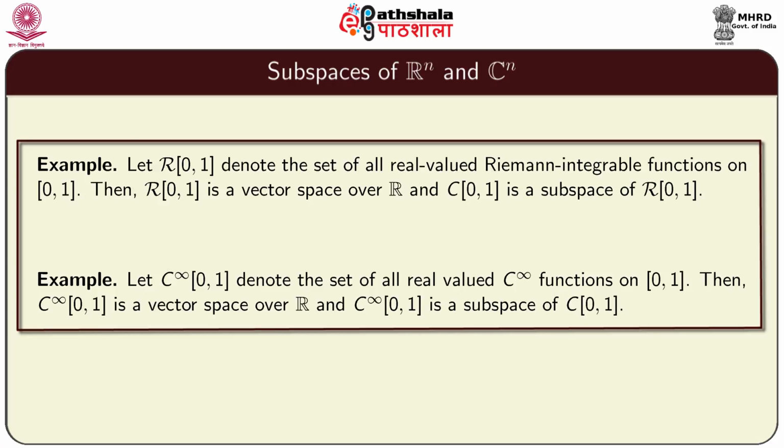Therefore, C infinity 0 1 is a subset of C 0 1, and again the operations being nothing but the pointwise addition and scalar multiplication of functions, C infinity 0 1 is in fact a subspace of C 0 1. So, if we see these two examples together, then we see that we have created a tower of vector spaces, which is C infinity 0 1 contained in C 0 1 contained in R 0 1.